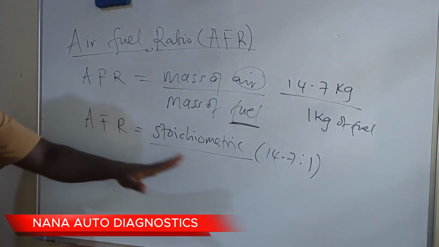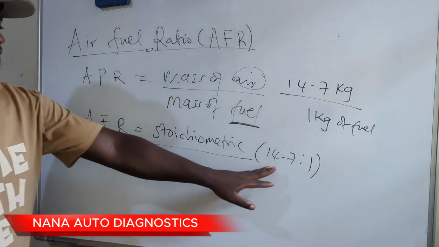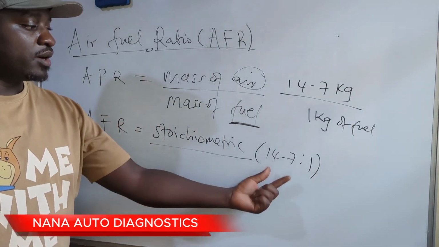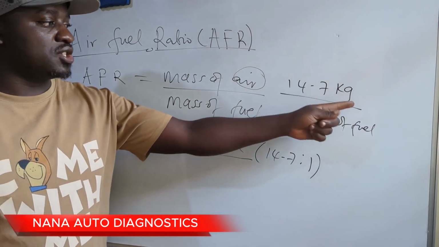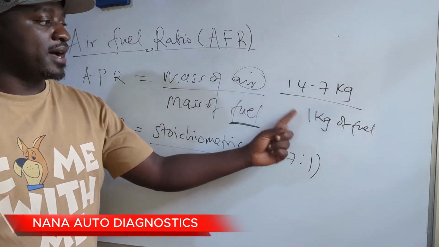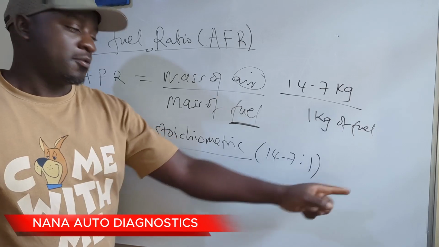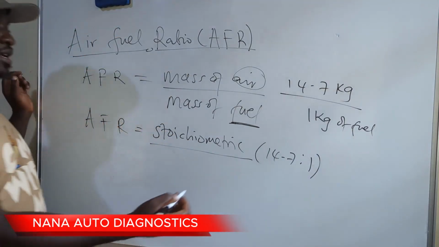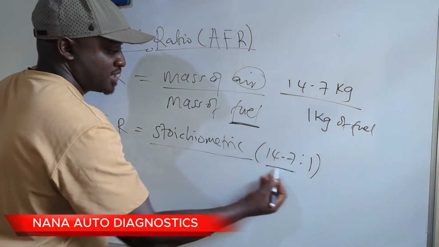So that is what this ratio means. It is 14.7 to 1. In other words, you require 14.7 kgs of air to burn 1 kilogram of fuel. But where do we derive this?